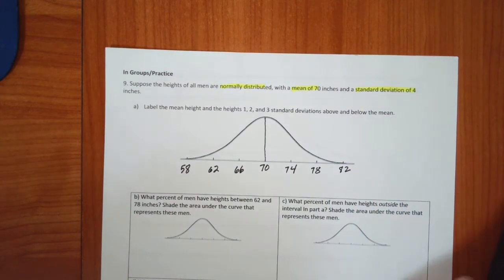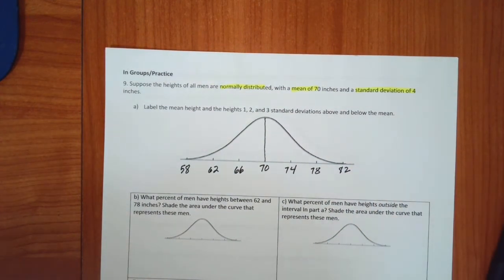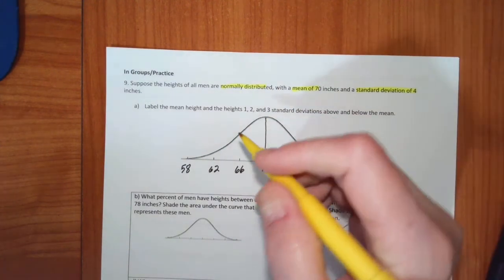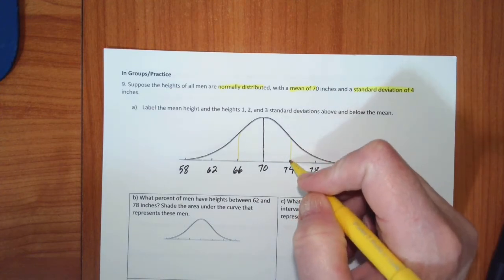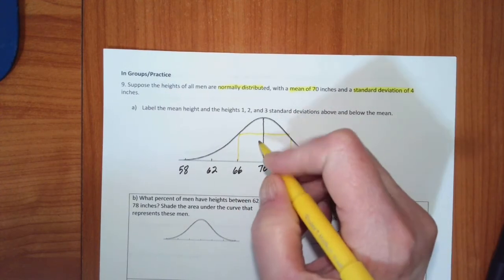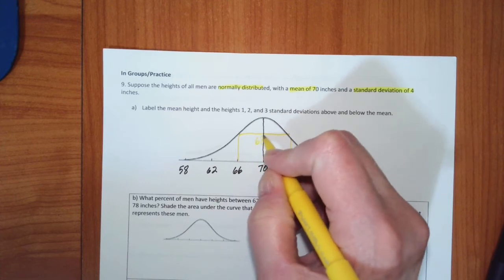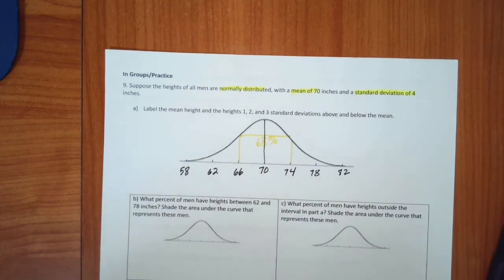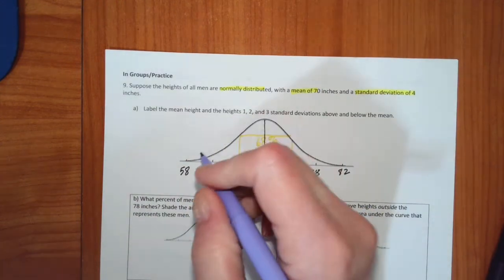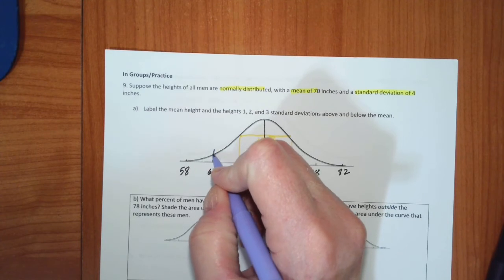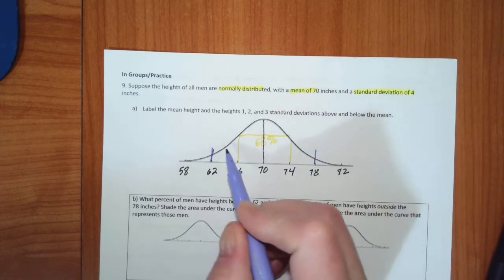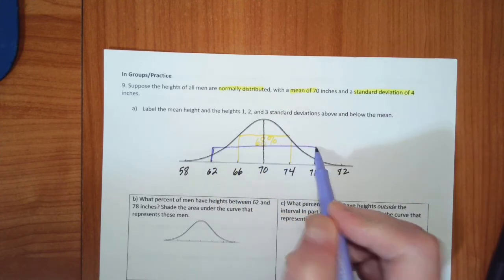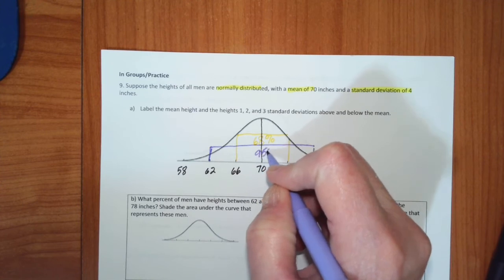Now, the thing that I want us to remember on here is that between 1 standard deviation, this is 68% of the data. For 2 standard deviations, I'm going to draw it above here. This is 95% of the data.